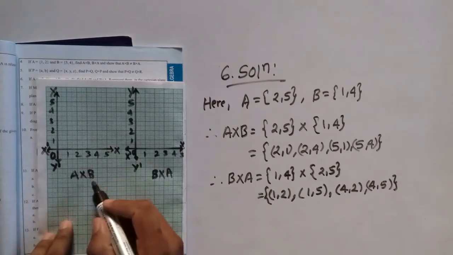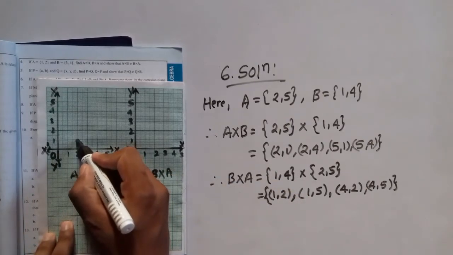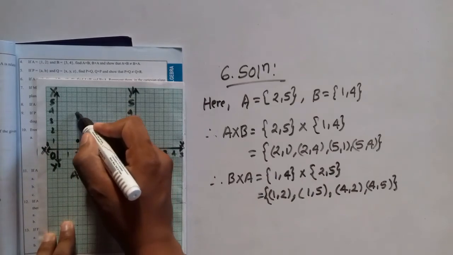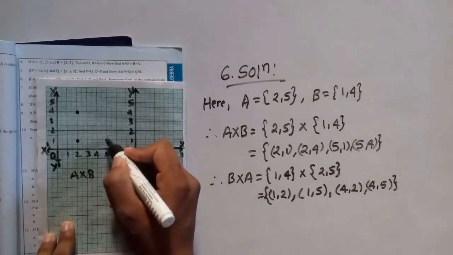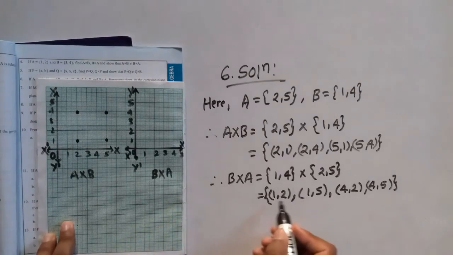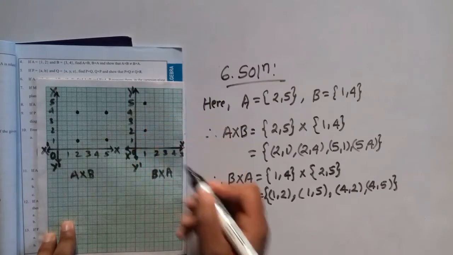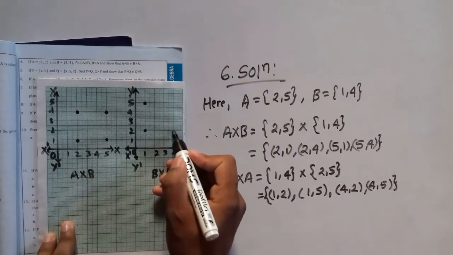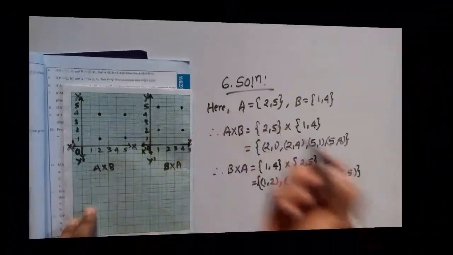Now here A cross B is (2,1), (2,4), (5,1), (5,4). This is completed. Now here is (1,2), (1,5), (4,2) and (4,5). So this much.